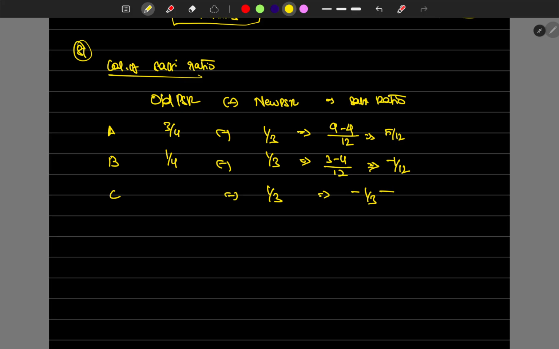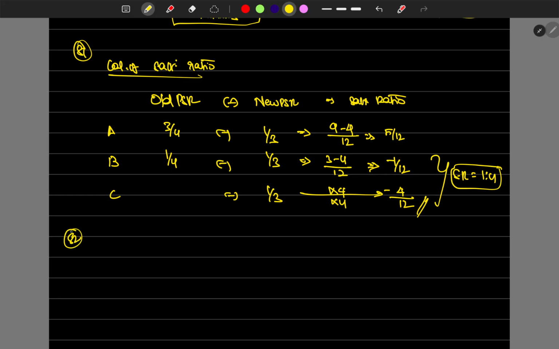So C is gaining 4 by 12 and B is gaining 1 by 12 from A. So the sacrificing ratio is 1:4. So we found the sacrificing ratio.